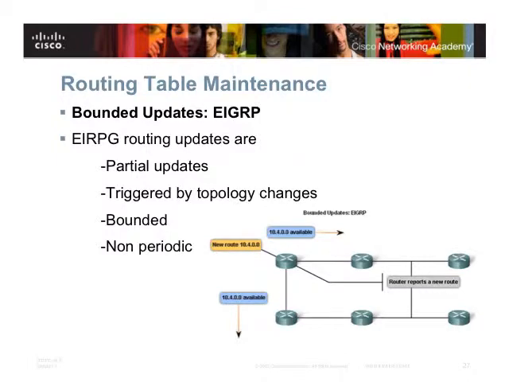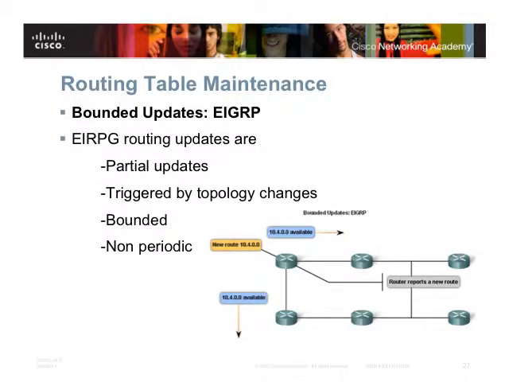So first, it's triggered by the fact that this network is connected or disconnected or any topology change. So it's triggered, it's not periodic. Second, I only need to inform people about only the change, not about the entire routing table.